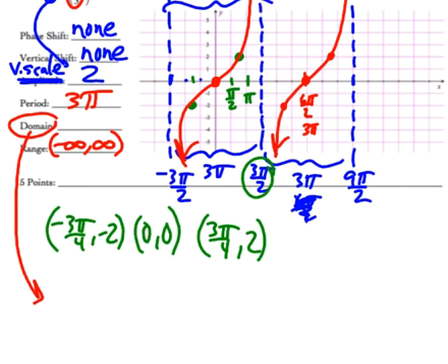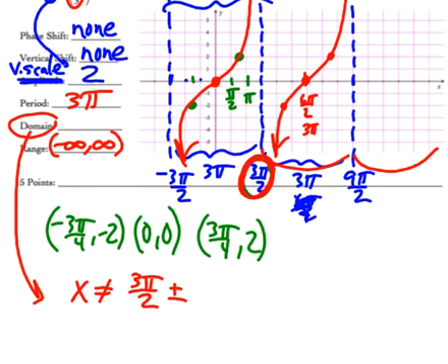I think we're running out of space. Our domain then, the first restriction here really is this 3 pi over 2. So we're going to start by saying that x cannot be equal to 3 pi over 2 plus or minus, and this is where our period comes in, because those are going to repeat every 3 pi units.